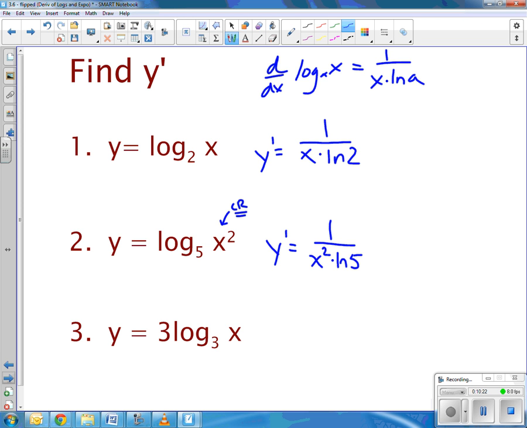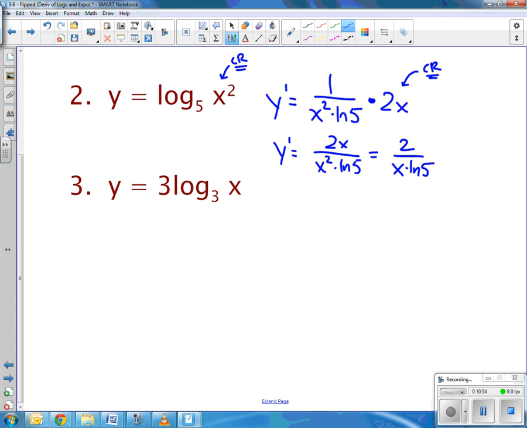That's just using my log derivative. But now I'm going to multiply this by the derivative of x squared, which is 2x. And again, there's where my chain rule came in. I can simplify this a little bit. y prime can be written as 2x over x squared times the natural log of 5. Cancel out an x in the top and in the bottom, and I end up with 2 over x times the natural log of 5.